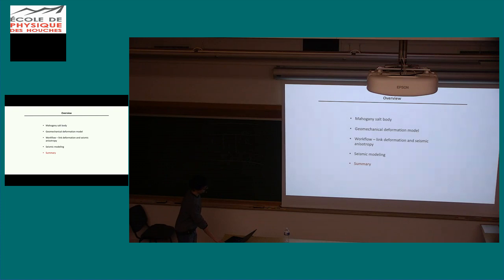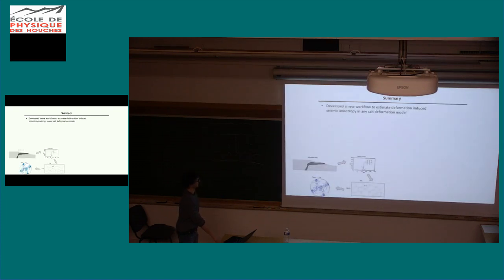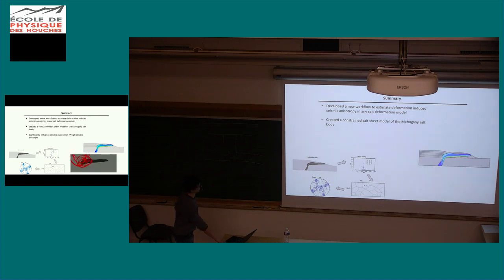So what I've talked about today: I first showed a new idea, a new workflow to link deformation with seismic anisotropy, and we applied this to one specific salt deformation model.